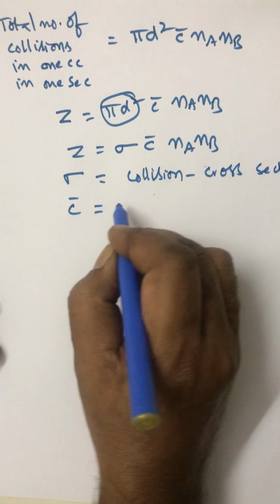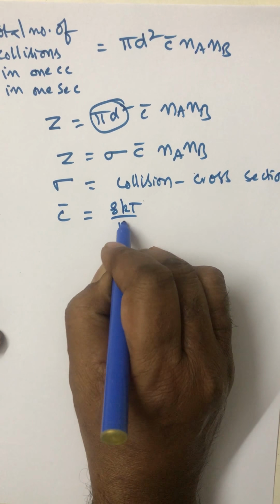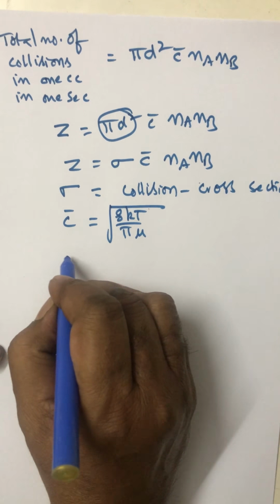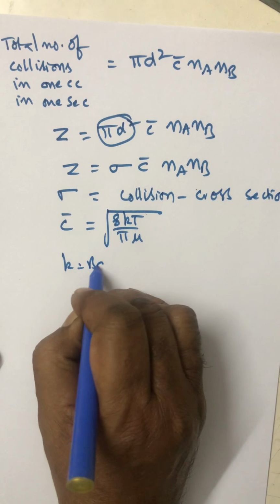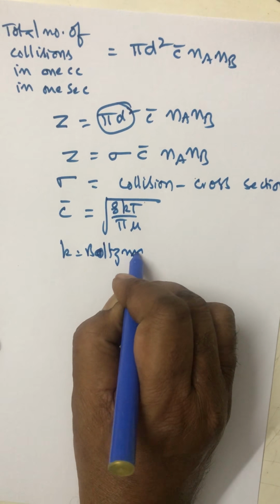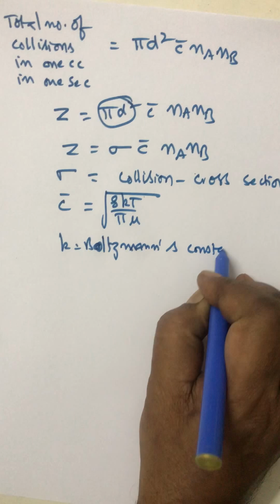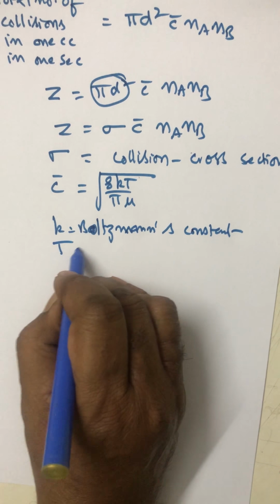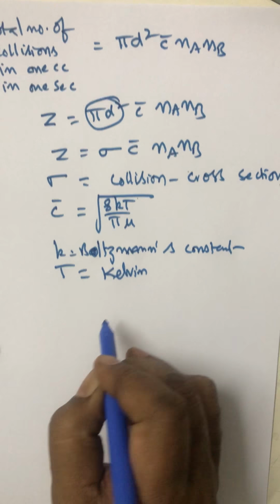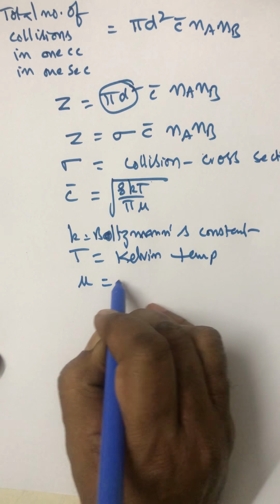See, average velocity from the gaseous state we can take as the square root of 8kT by pi mu, where k is the Boltzmann's constant, T is the absolute temperature in Kelvin, and mu is the reduced mass.